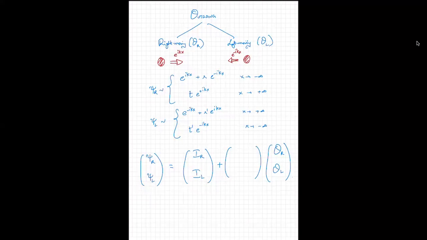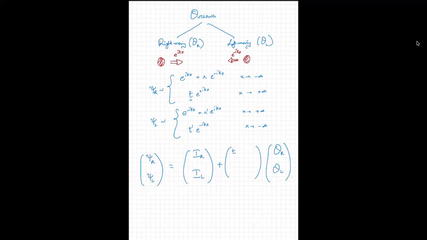So the part that is multiplying OR, which is an outgoing wave traveling to the right, is T. Because T times OR is T times e to the ikx, as you can see, this is your OR.